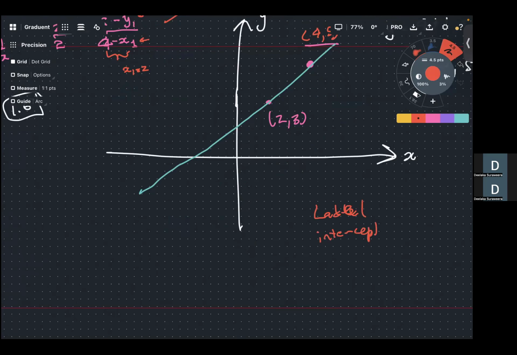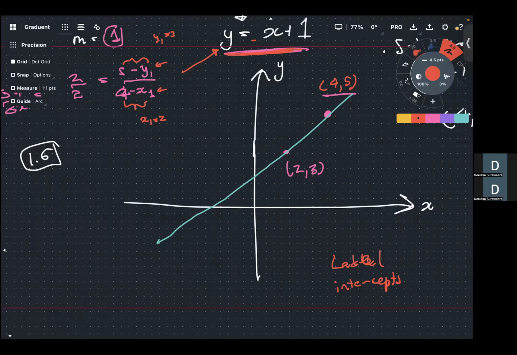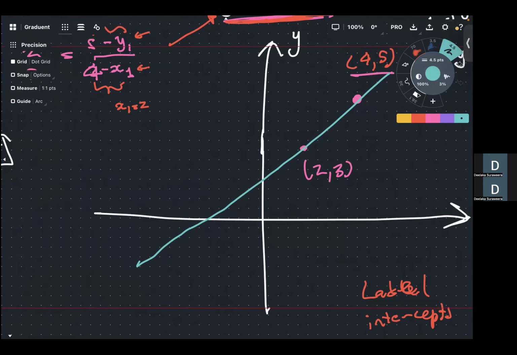Okay, label intercepts. Do you know what intercepts mean? Intercepts are when? Close. That's intersection. It's a very close concept. It's quite similar. Intersection is when two lines intersect. Intercept is also an intersection, but not between two lines. It's the line and the axes.